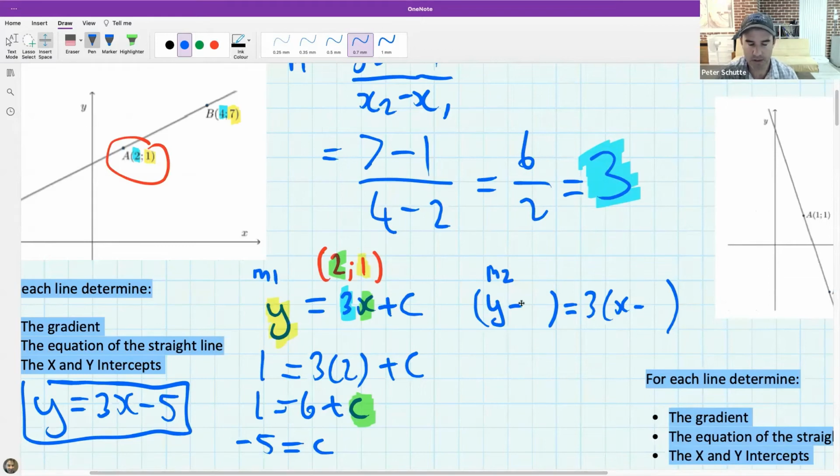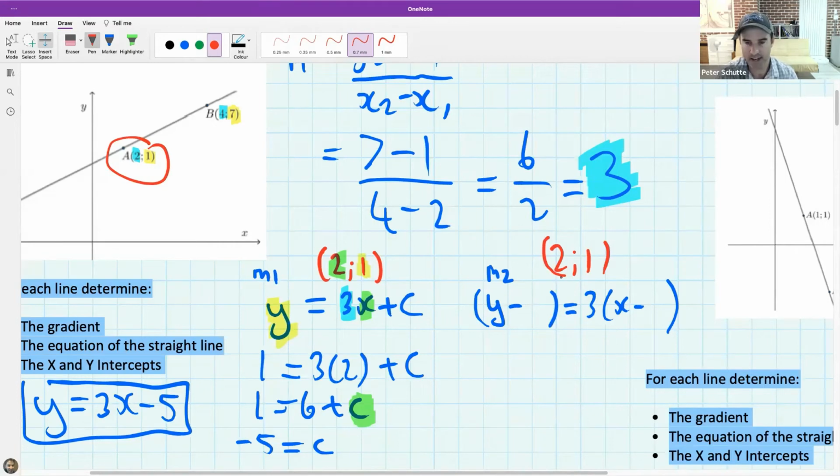Okay, so this is the method. The second method is you go y minus something equals 3, basically the gradient, and then x minus something. And all you're going to do is, as that something, use the point that you choose.